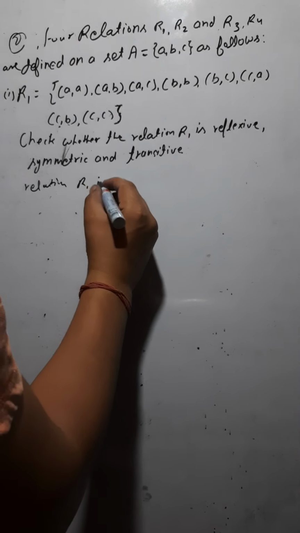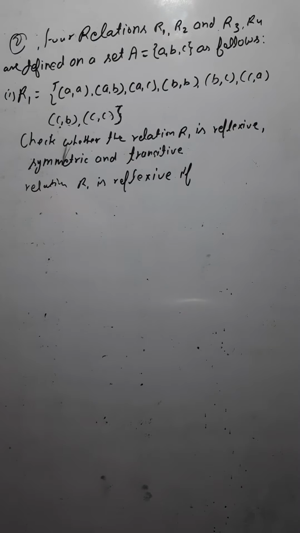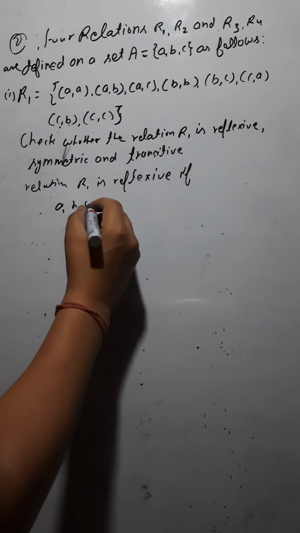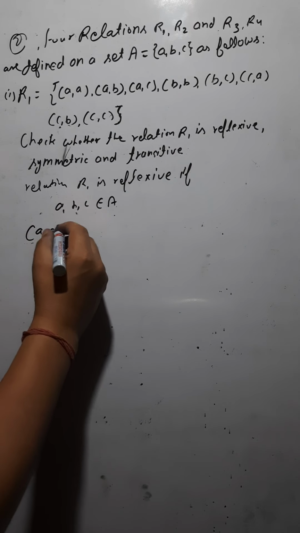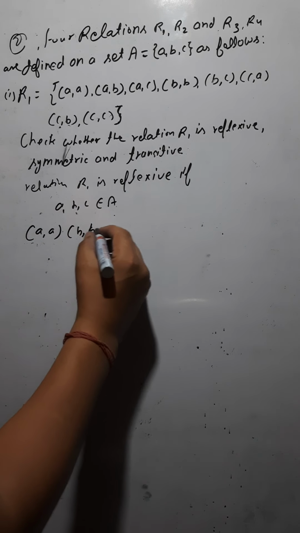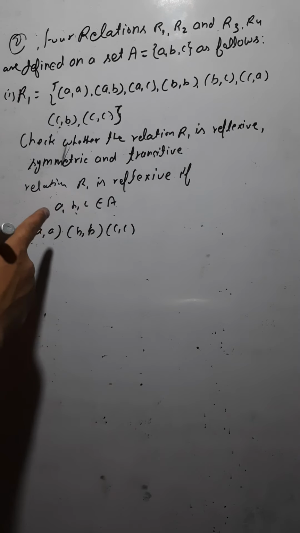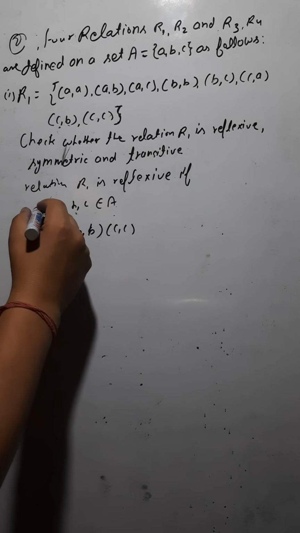Relation R1 is reflexive if, taking all the elements A, B, C that belong to A, the doublets AA, BB, CC all belong to the relation R1.